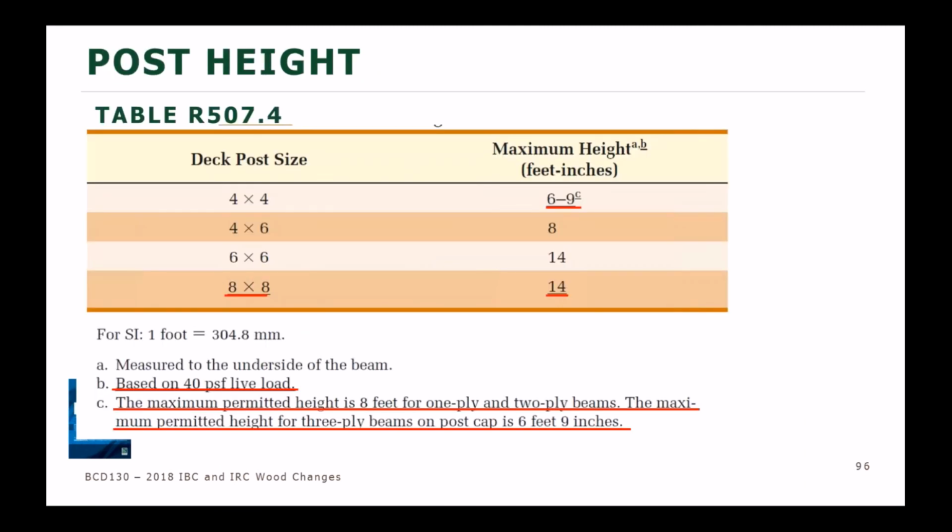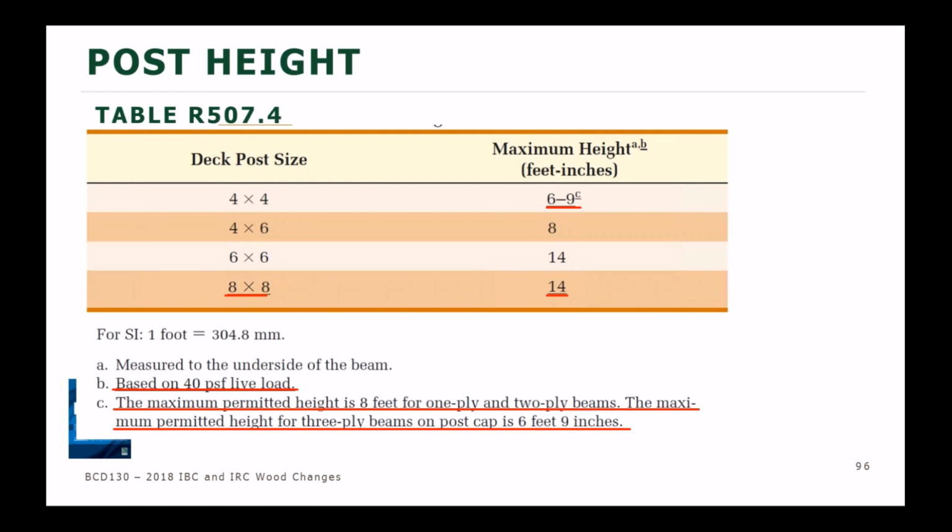All right, so post height, as we go from the footing up to the posts, changes here were some clarification. So 8x8 post was added because we had people saying, hey, if you're going to notch the post, we could use an 8x8 in the table. So it was added in.